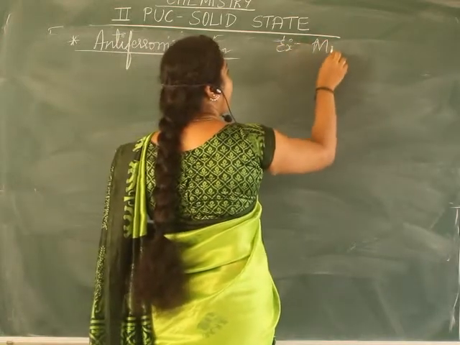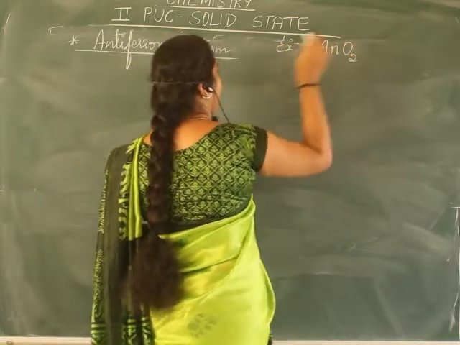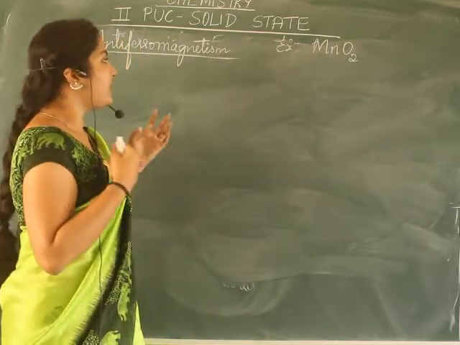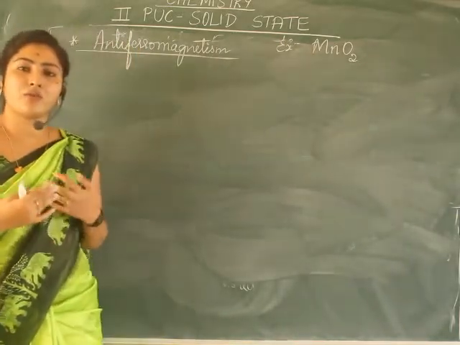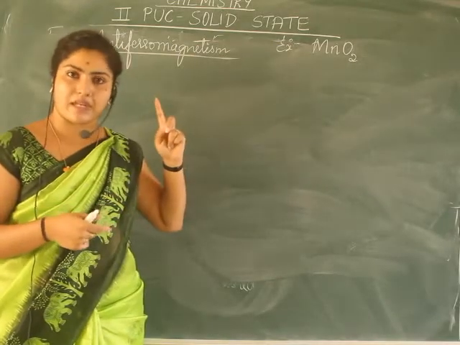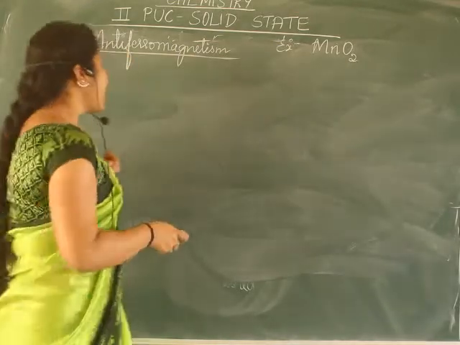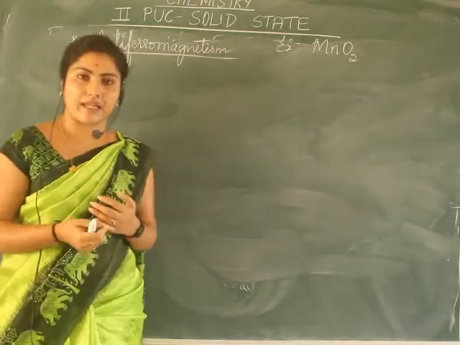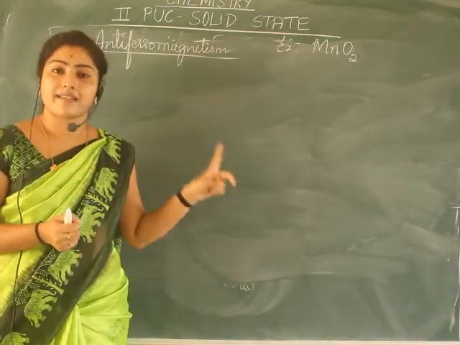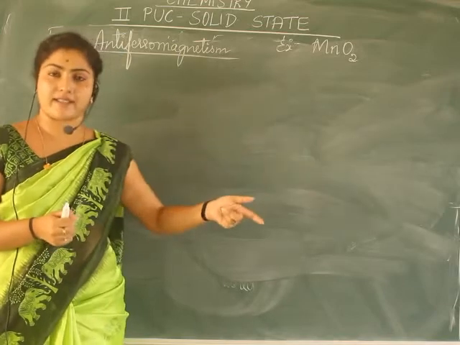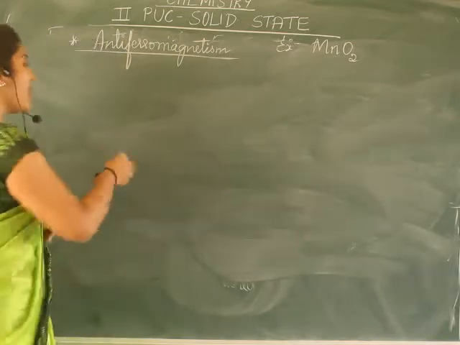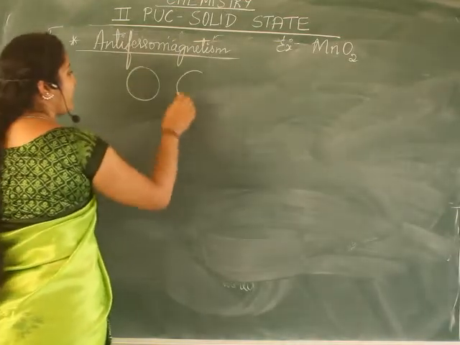An important example is manganese dioxide. The domains of substances like manganese dioxide look similar to those of ferromagnetic substances, but the domains are aligned in opposite directions. You know how the alignments will be?